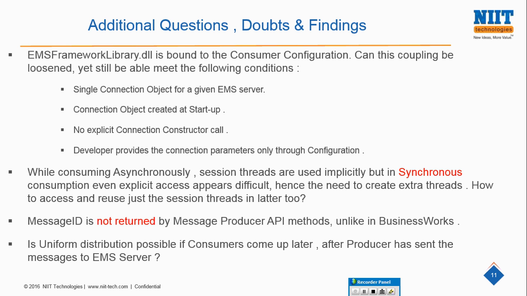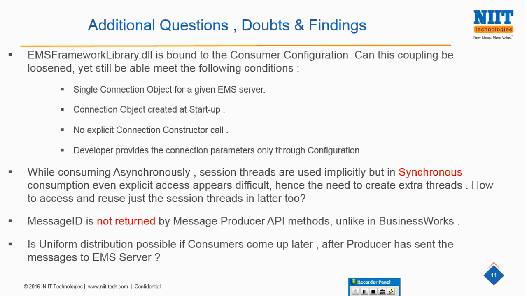Generally, we access threads by their thread instance or names, but you would only have a session ID or the consumer ID. Is there a way of getting the thread object out of a session ID? That's the question. I do not see any.